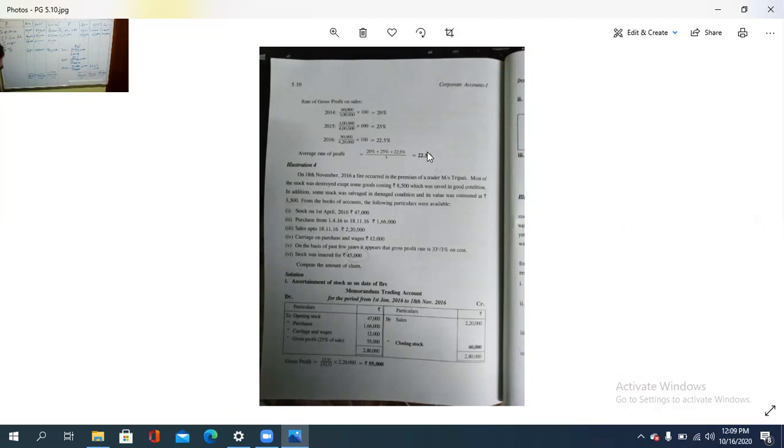See, 22.5%. So we need to apply the 22.5% with regard to the memorandum trading account for the year 2017. Clear? So like the same, we need to calculate the memorandum trading account for the year 2017. So keep it in mind, 22.5 for the gross profit ratio.